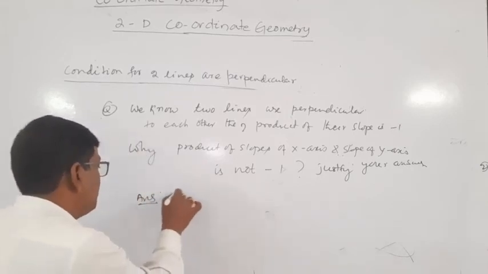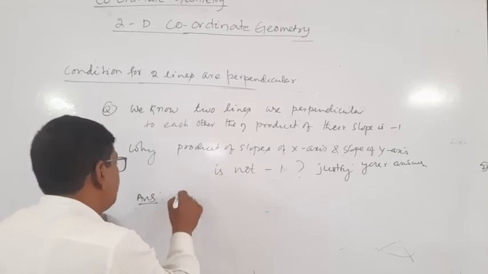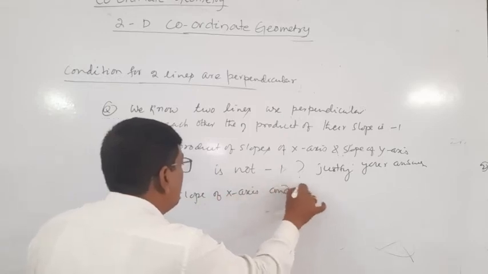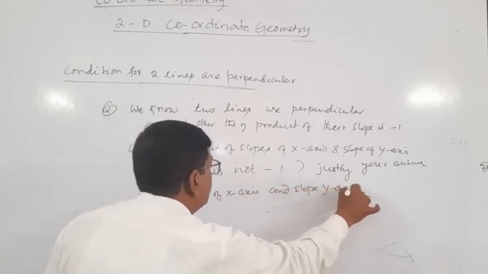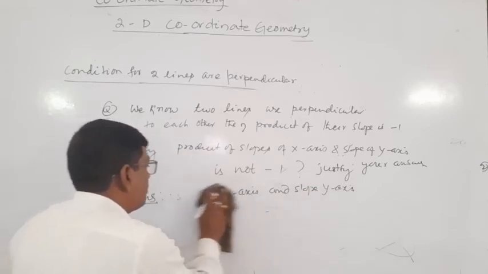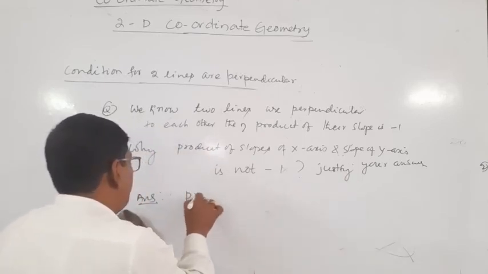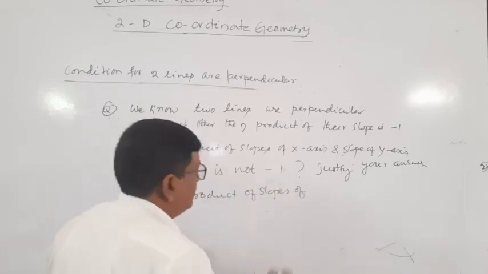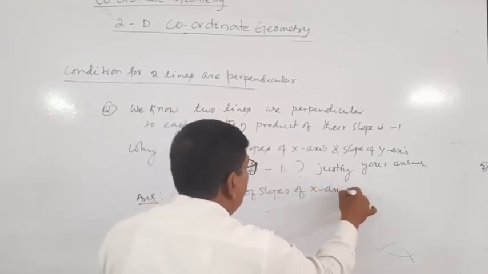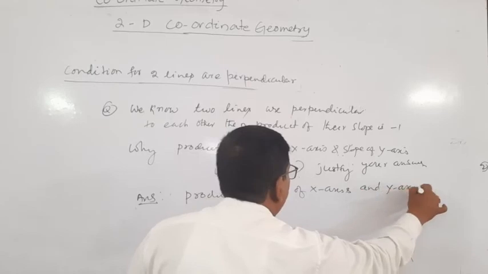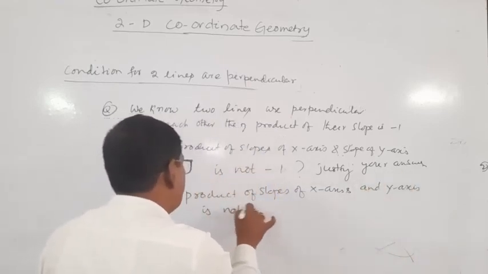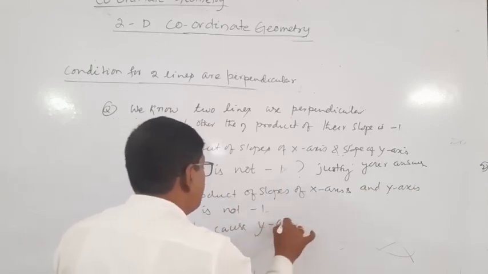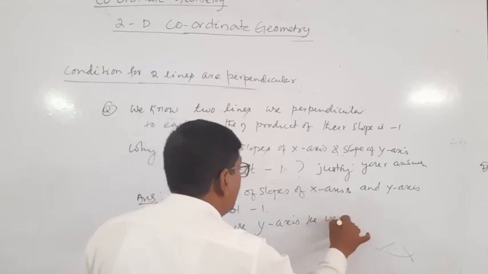The product of slopes of the coordinate axes, that is the x-axis and y-axis, is not minus 1 because the y-axis is a vertical line.